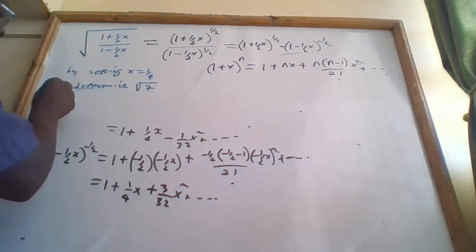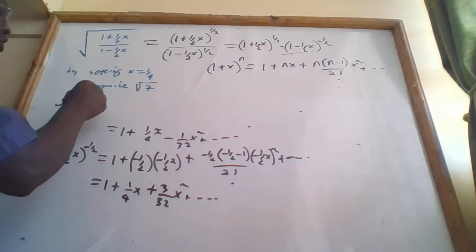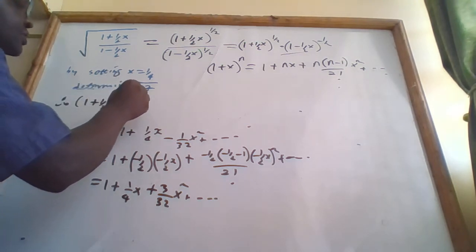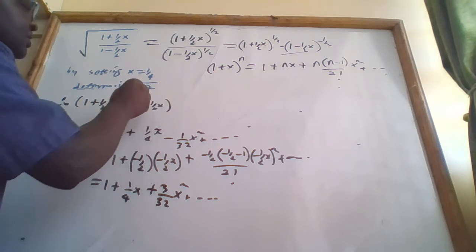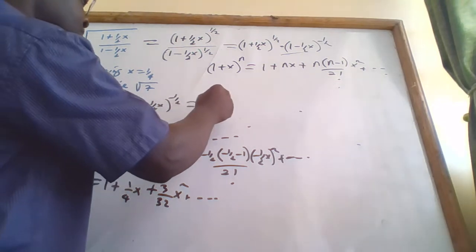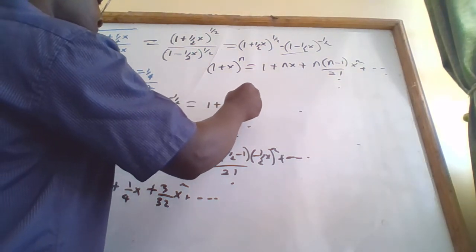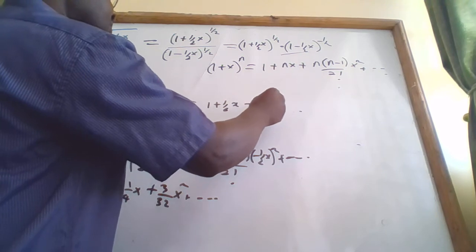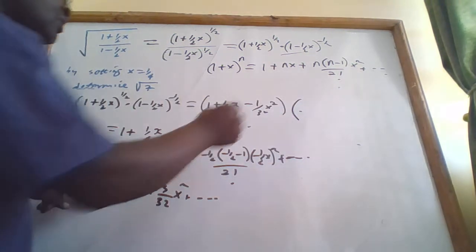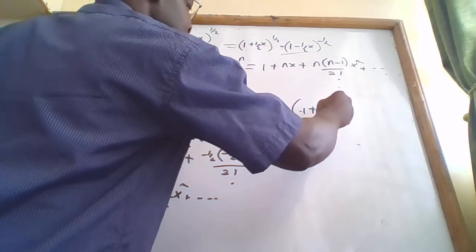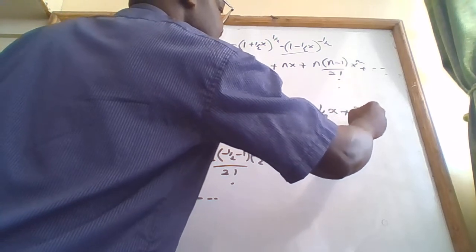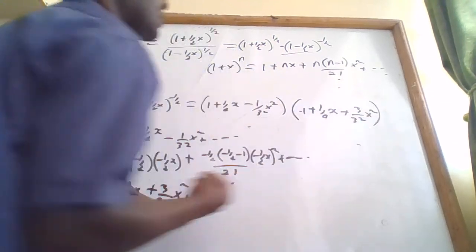We shall say, therefore, (1 plus a half x) raised to a half times (1 minus a half x) raised to negative a half equals, we have 1 plus 1 all over 4x minus 1 all over 32x squared, times 1 plus 1 all over 4x plus 3 all over 32x squared.